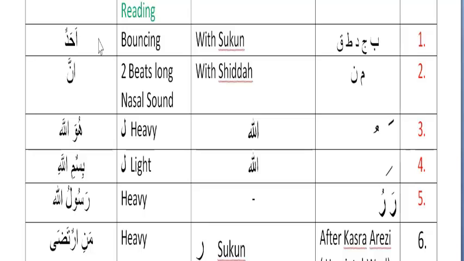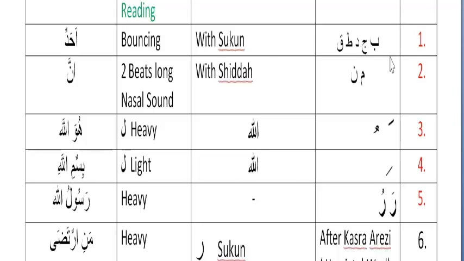I will. Okay, so the first rule is if there is a ba, jim, dal, ta, qaf with a sukun, they'll be bouncing. For example, ahad. And then rule number 2, if mim and noon have tashdid, it will be 2 beats and have a nasal sound. For example, anna.